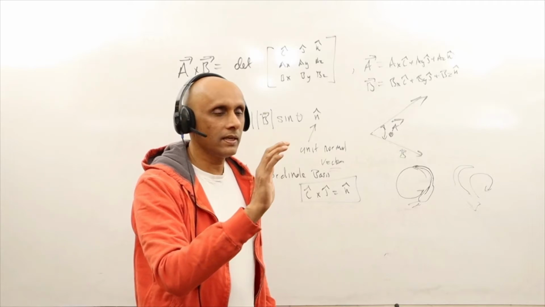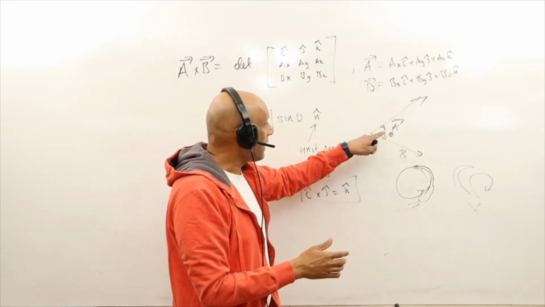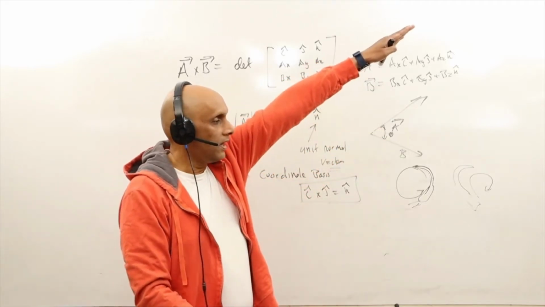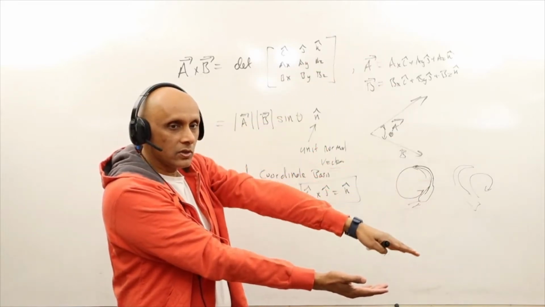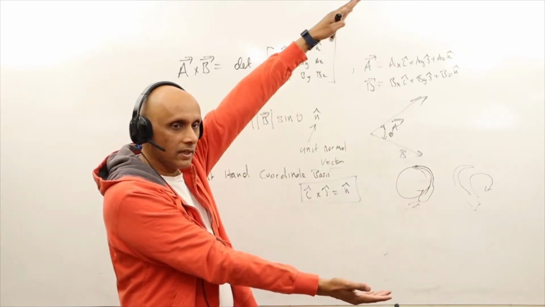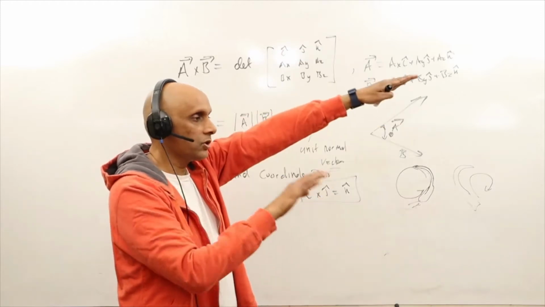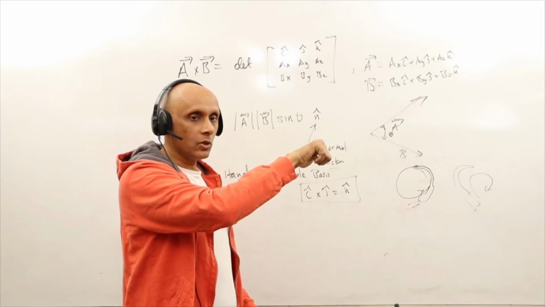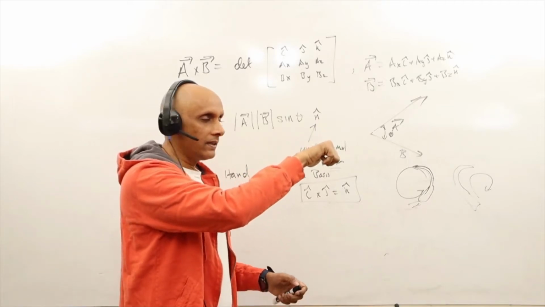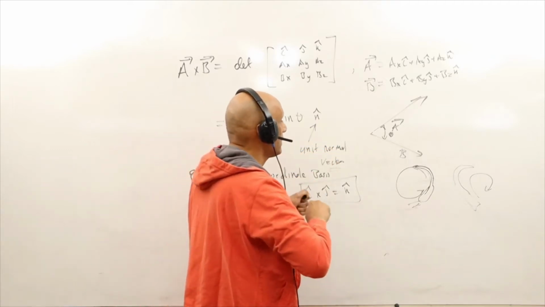So the idea is that if I take A, here's your A, and here's your B, I'm turning A into B, the first vector into the second vector. So I'm turning this way. And notice the direction of my thumb is going into the board, and that's the direction of the normal vector.